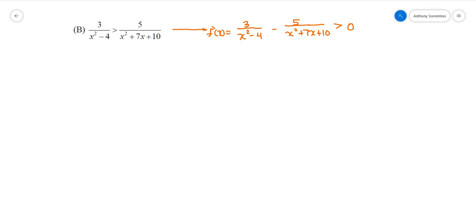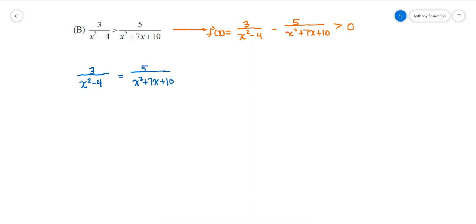And once I figure out values of x that I want to try out on my number line, this is what I'm going to eventually plug them into. But the other thing I have to look at with this is looking for those domain restrictions. Because I want to solve this equation in the long run.